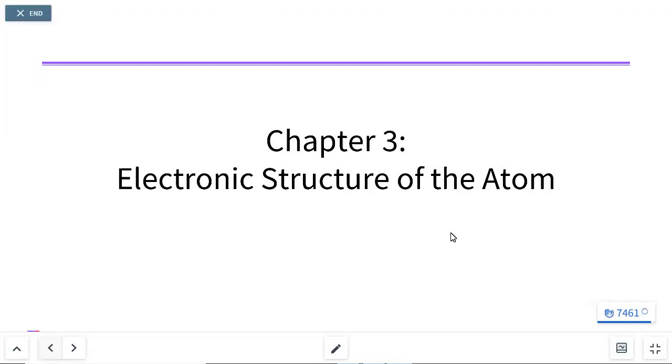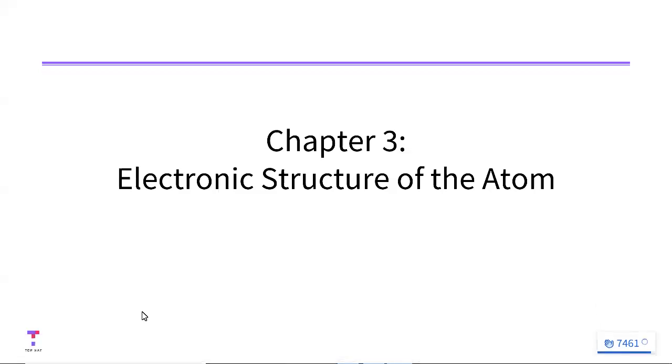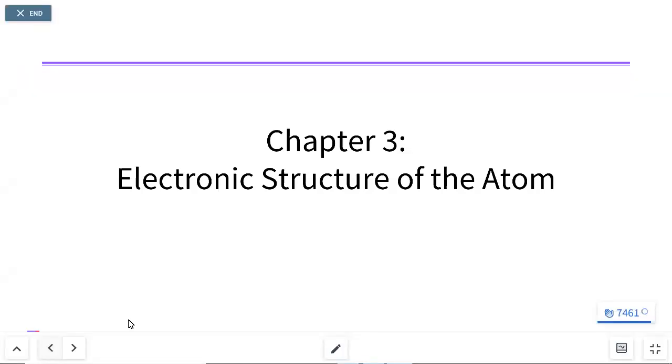In this unit, we're going to take the idea of the atom that we constructed last chapter, the Rutherford model, with the nucleus in the middle and electrons flying around it, and we're going to modify and adapt it based upon some technological advances of the early 20th century that led us to a deeper and better understanding of the atom itself.